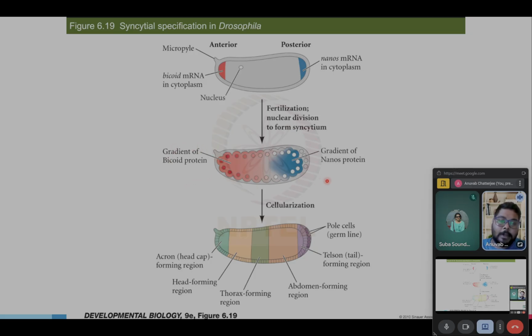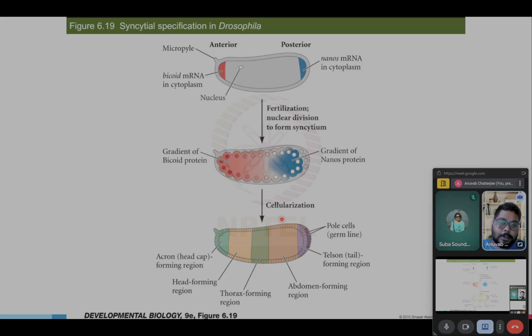So bicoid and nanos are just the initial players that kick off the asymmetry, and they will now start making sure that these nuclei spatially are expressing different proteins or genes so that they form different regions.